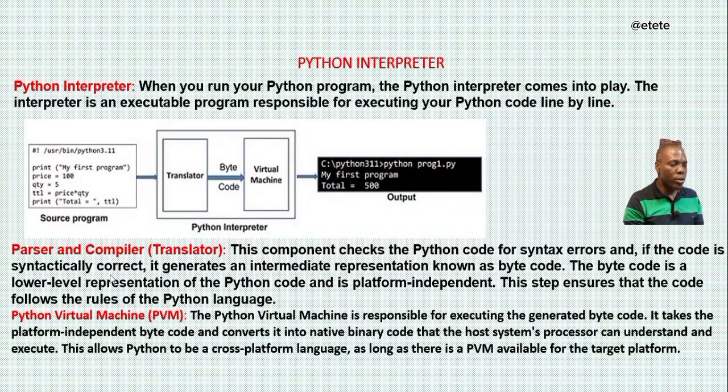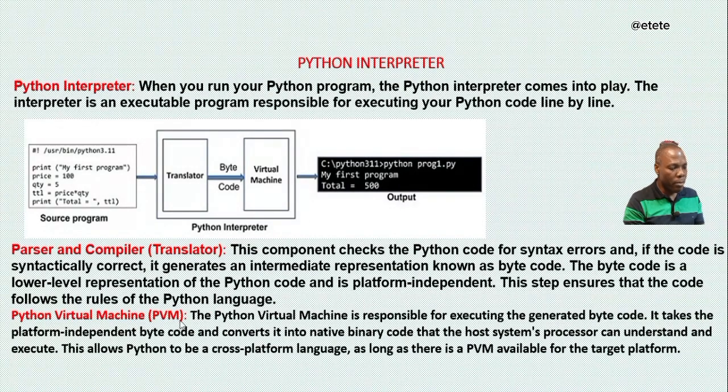The bytecode is a lower-level representation of the Python code, and is platform independent. It doesn't matter whether you are writing it on Windows, on Mac, or on Linux. This step ensures that the code follows the rules of the Python language.